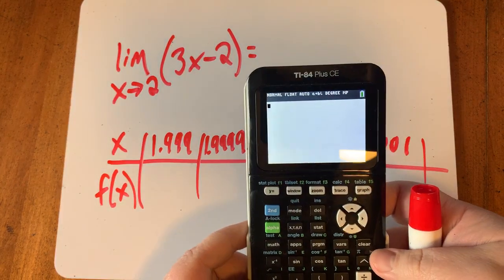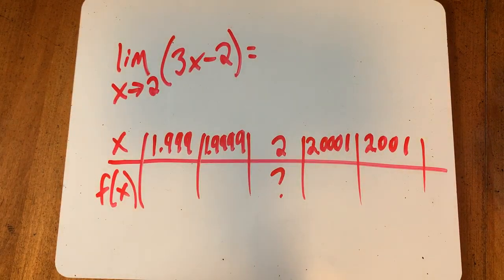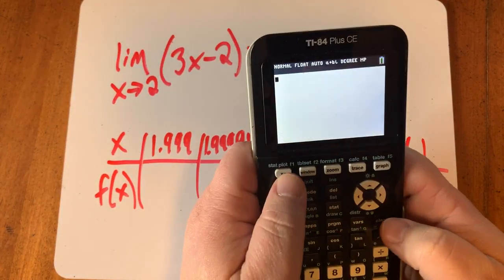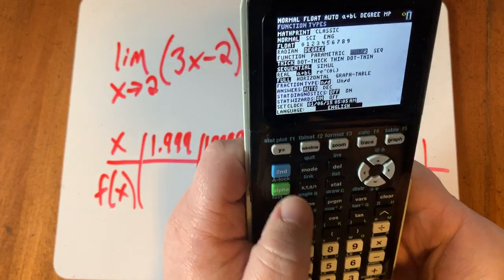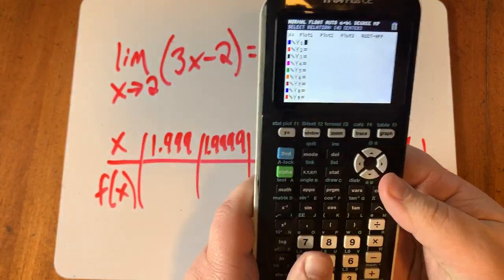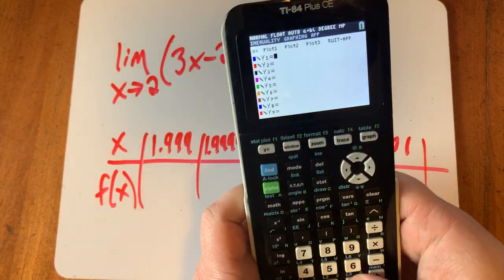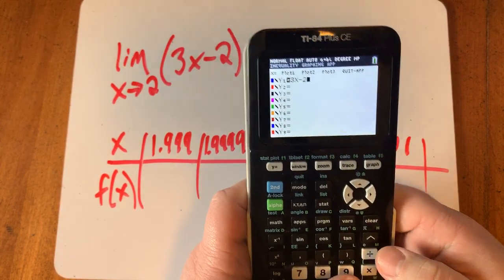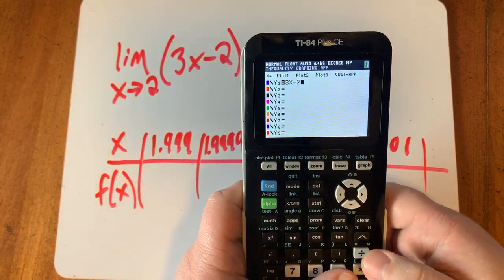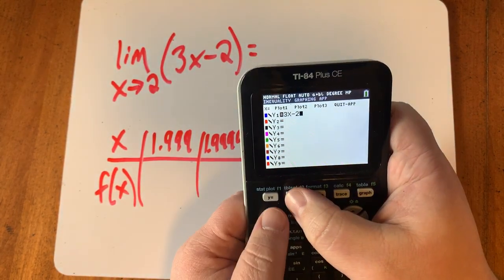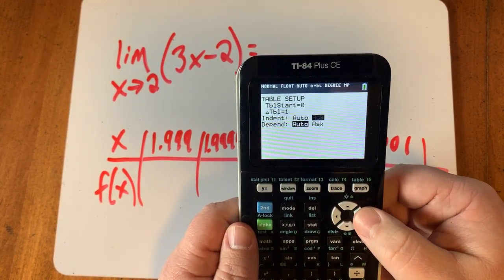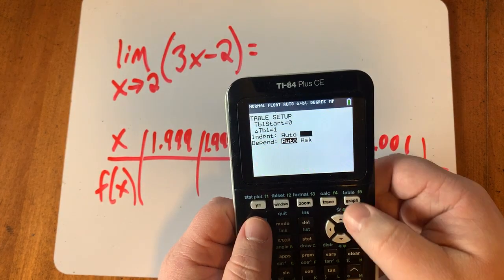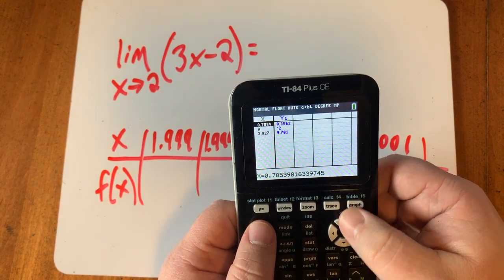So if we take this and we find out what these values are, I'm just going to use my calculator because we're setting up a table. And a lovely thing about our calculator is that, oops, I'm in polar mode. Let me just change it to function mode real quick. A lovely thing about our calculator is if we do 3x minus 2 in our y1, and I'm going to go in my table set and make it so we ask for the independent variable. And then go to my table.